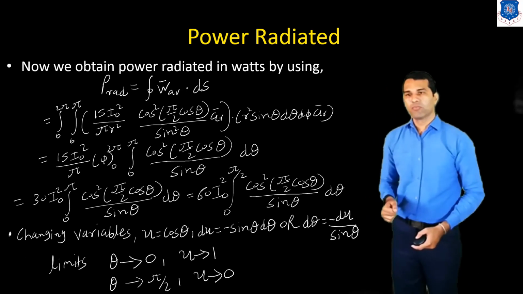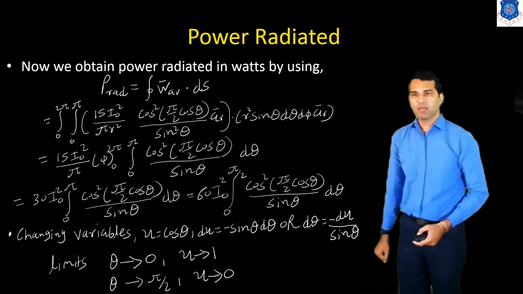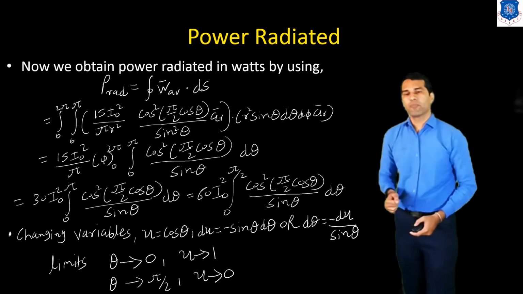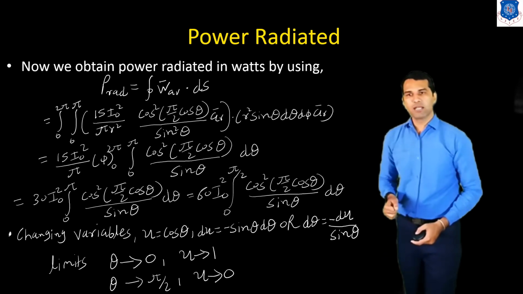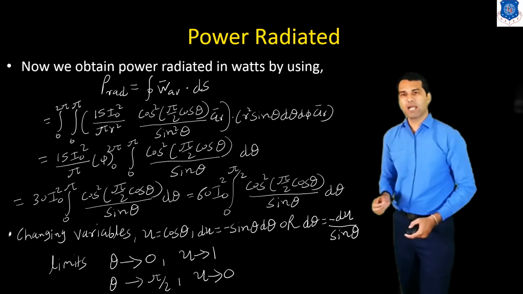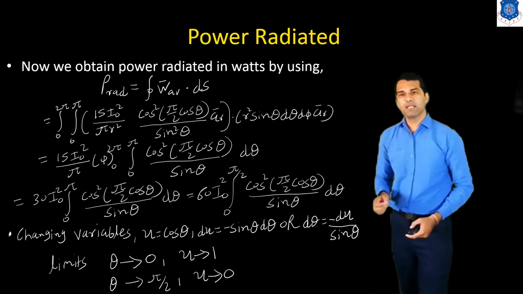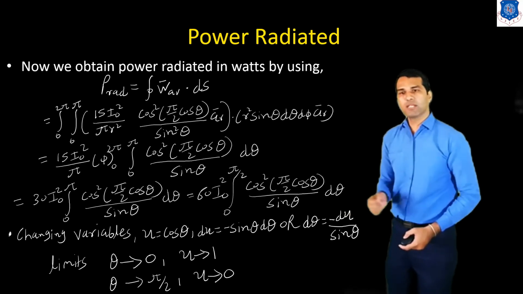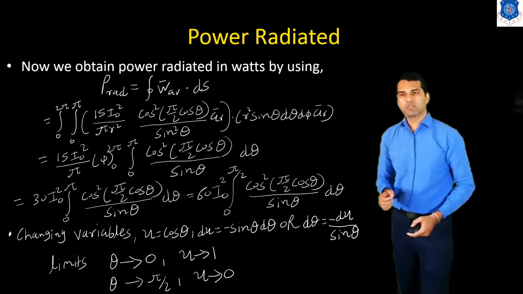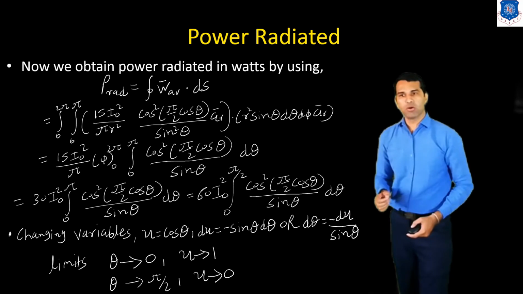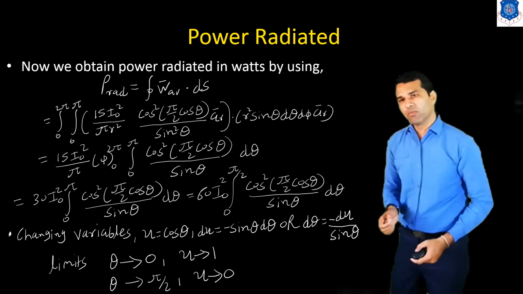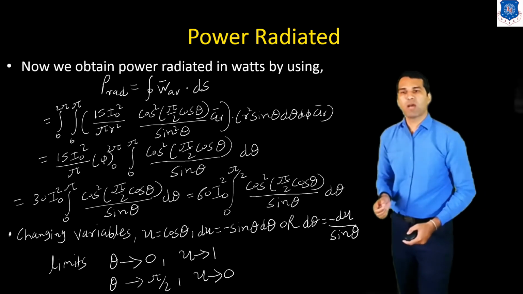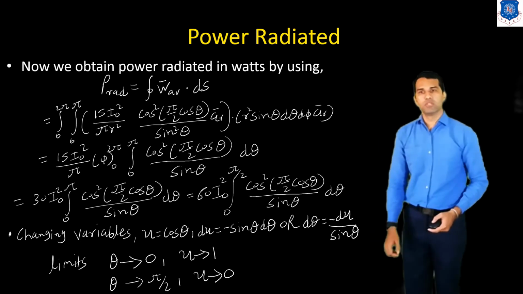Now, changing the variable, u is equal to cos theta, so we get du is equal to minus sin theta d theta, or we can write d theta is equal to minus du upon sin theta. The limits also change: theta equal to 0 gives u equal to 1, and theta tending to pi by 2 gives u tending to 0.